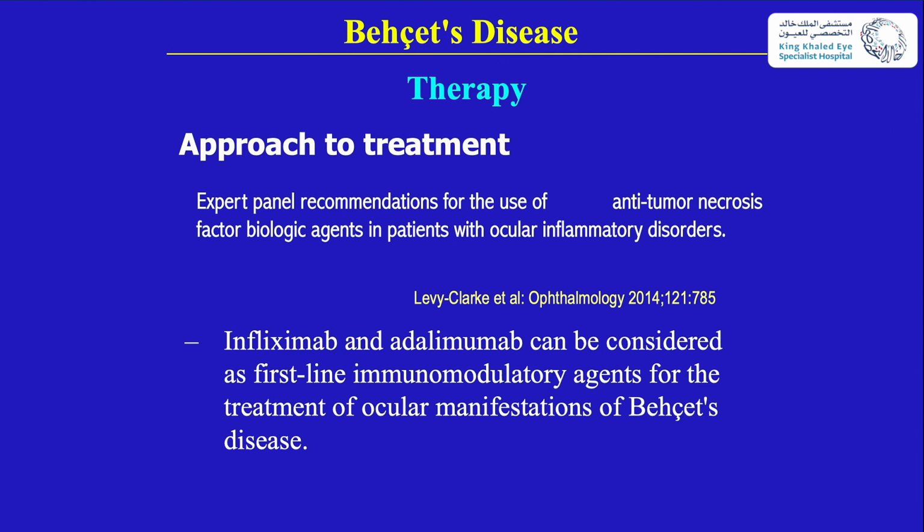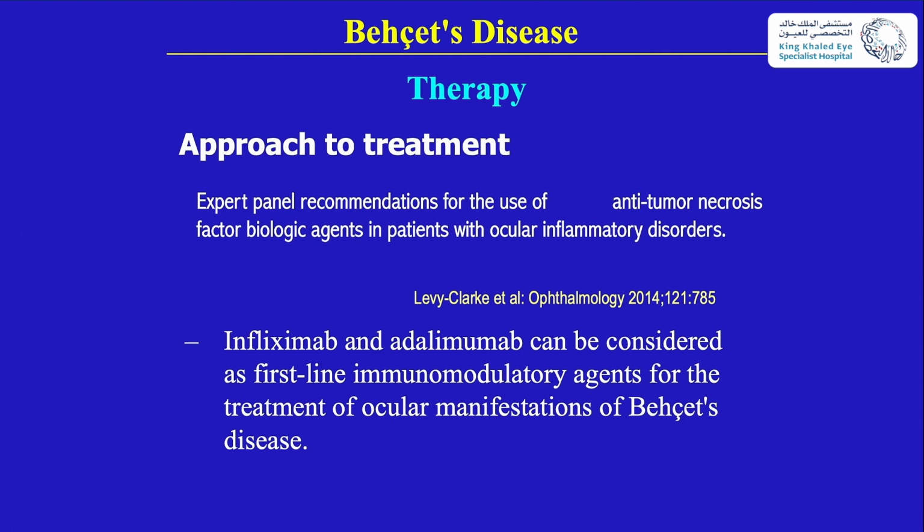So infliximab and adalimumab can be considered first-line immunomodulatory agents for the treatment of ocular manifestations of Behcet disease. In fact, in our department, we use infliximab as a first-line treatment if the patient has posterior segment inflammation. We should not waste time.